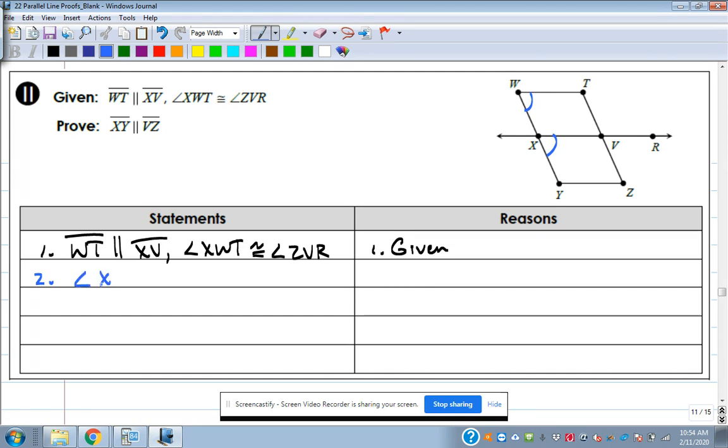So angle XWT is congruent to angle YXV with corresponding angles.